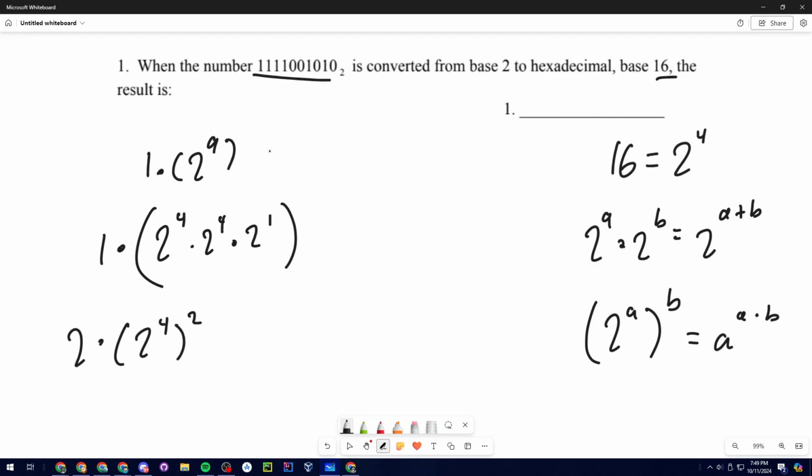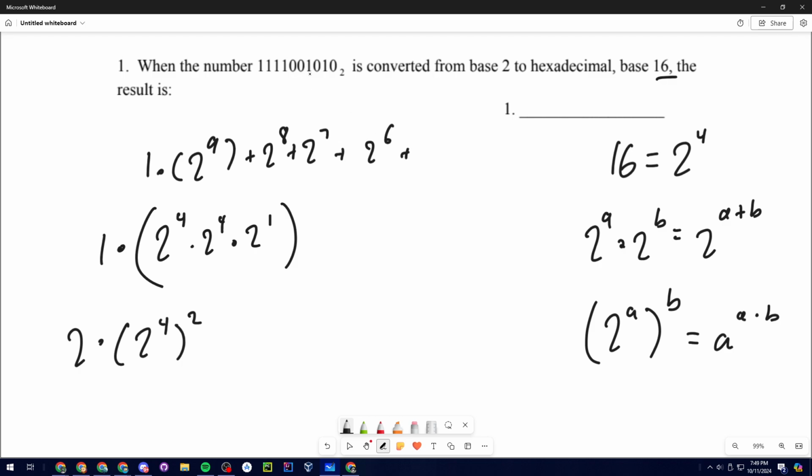If you remember, this entire thing is just equal to 2 to the ninth plus 2 to the 8th plus 2 to the 7th plus 2 to the 6th plus 2 to the 5th, 4th, 3rd, plus 2 to the 1st. Now we have this next term, which is just 1 times 2 to the 4th squared, because 2 to the 4th squared is 2 to the 8th.